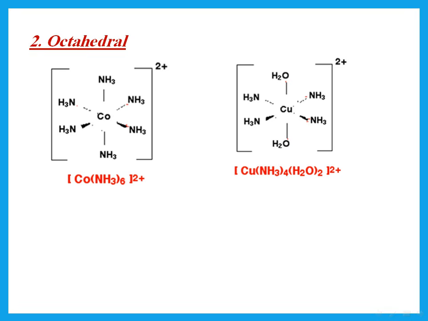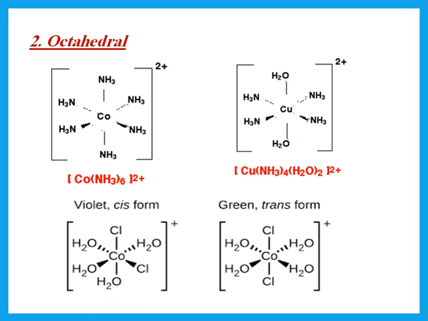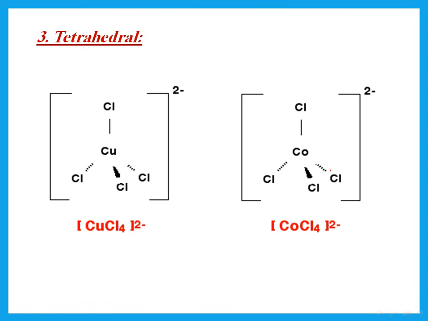We know that octahedral means we have 4 on a plane, and then we have 1 on top and 1 below. So this is an octahedral structure. Also, this has cobalt bonded to water and to Cl. They are a total of 6 dative bonds, so they form an octahedral structure.